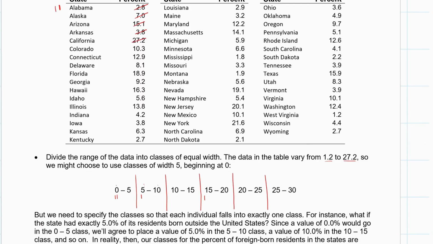California with 27.2, there we go. Colorado with 10.3. Connecticut, 12.9, Delaware, 8, Florida, 18, Georgia, 9, Hawaii, 16, and there's 5% there.